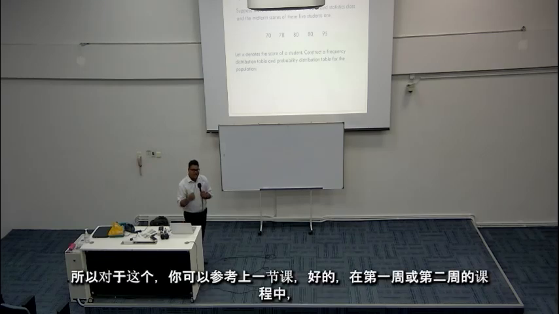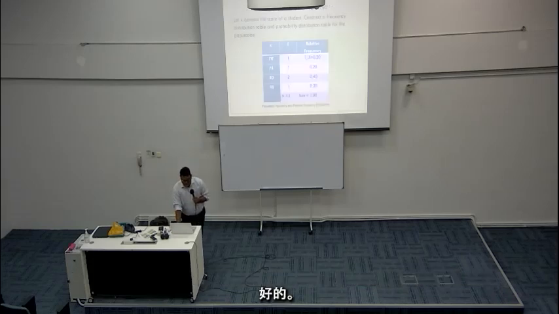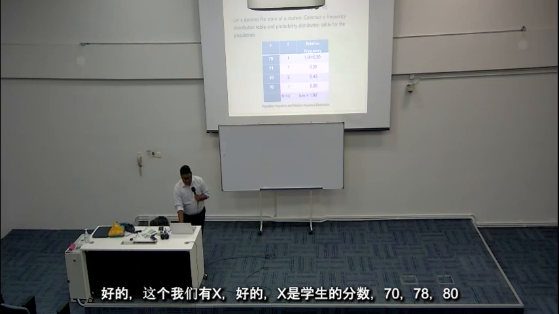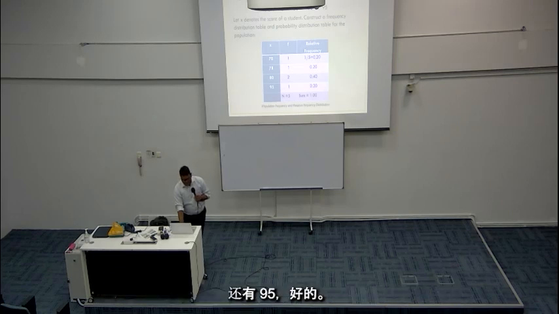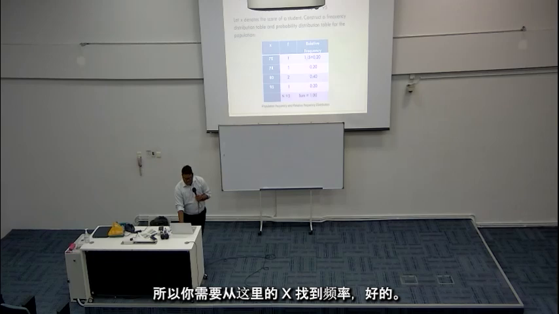For this, you will refer to the previous lecture in week 1 or week 2. Here we have X, the score of the student: 70, 78, 80, and 95. From X, you need to find the frequency.